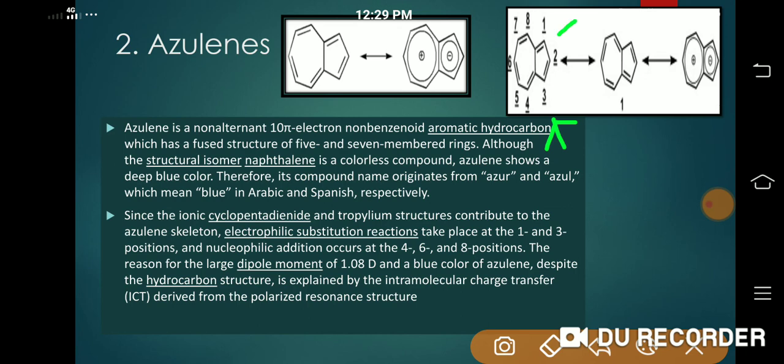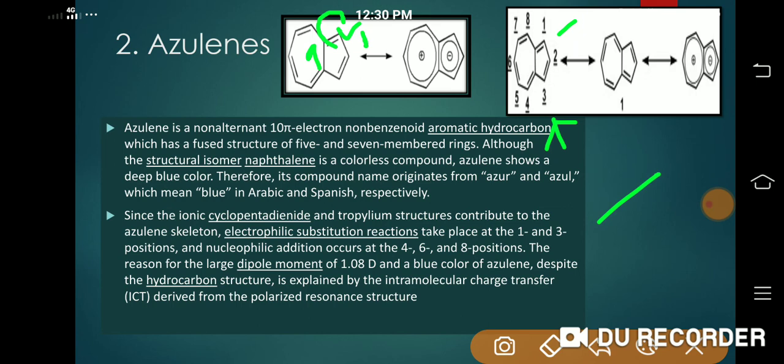As it is a cyclopentadiene system, cyclopentadiene is stable by having a negative charge. In case of azulene, it shows electrophilic substitution at first position. If we consider this carbon as the first carbon, then there is generation of negative charge at this first carbon and generation of positive charge at the 9th carbon atom.